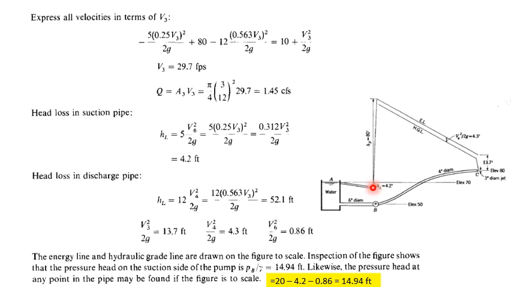And now in order to calculate the pressure head, I will also have to subtract the velocity head for the 6 inches pipe, because by that way I will be at the hydraulic grade line, and hydraulic grade line represents pressure head. So 20 minus 4.2 minus 0.86, we'll get 14.94 feet.